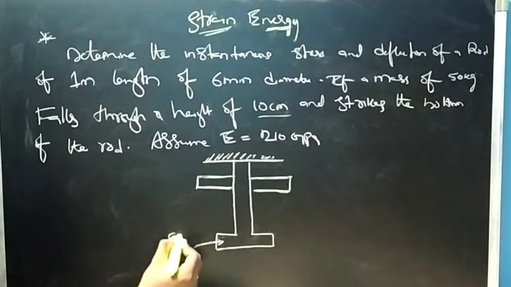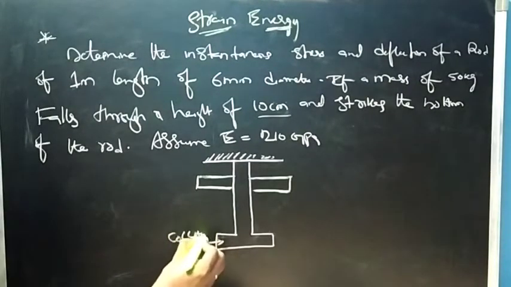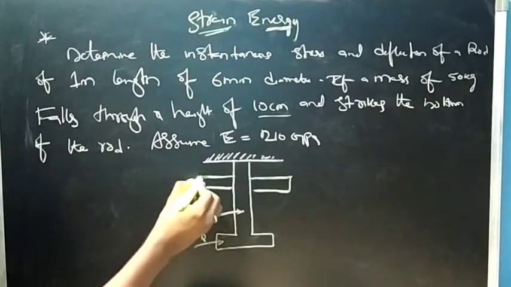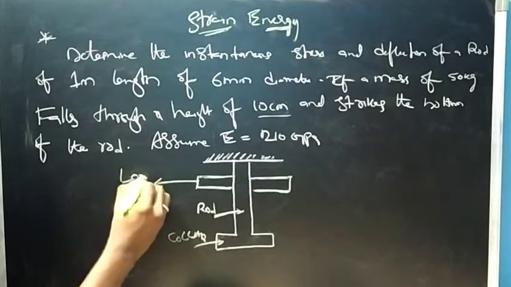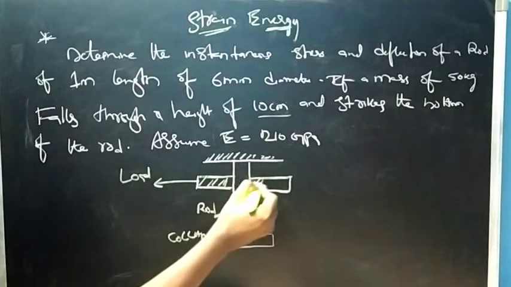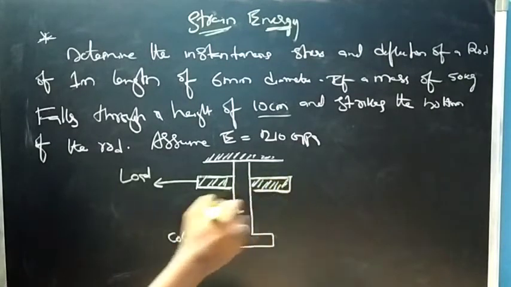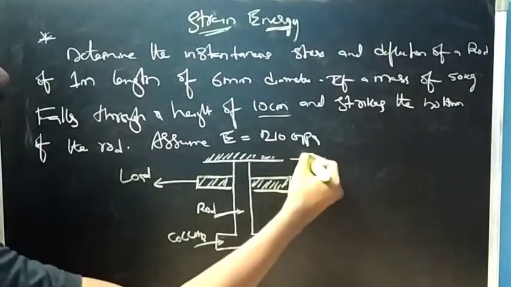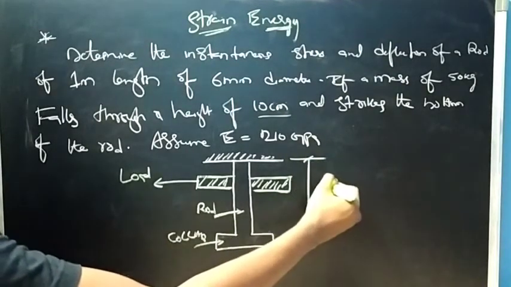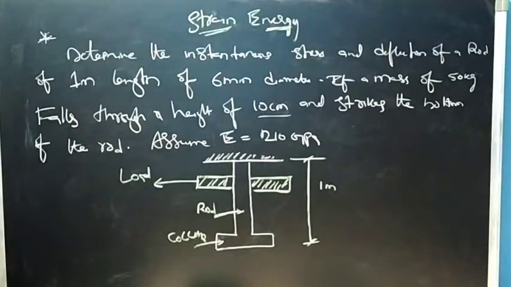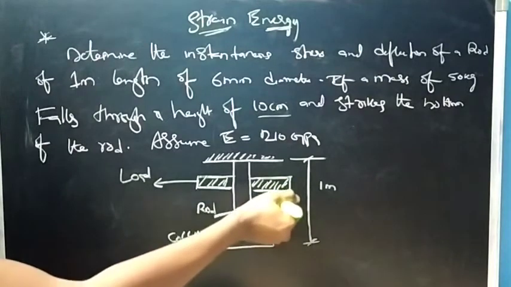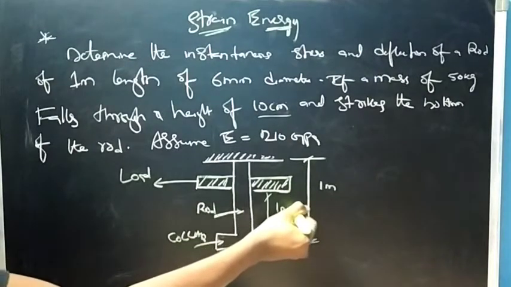So this will be the collar, and this is a rod, and this is a load. Right, and the length of the rod is given as 1 meter, and it is striking from a height that is 10 centimeter.